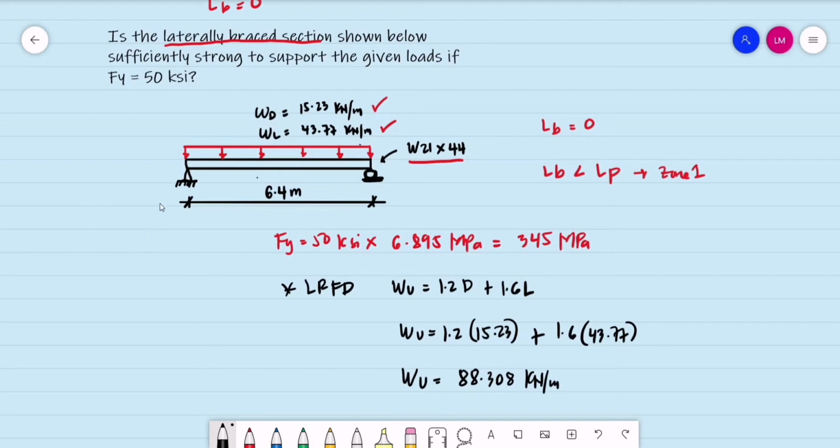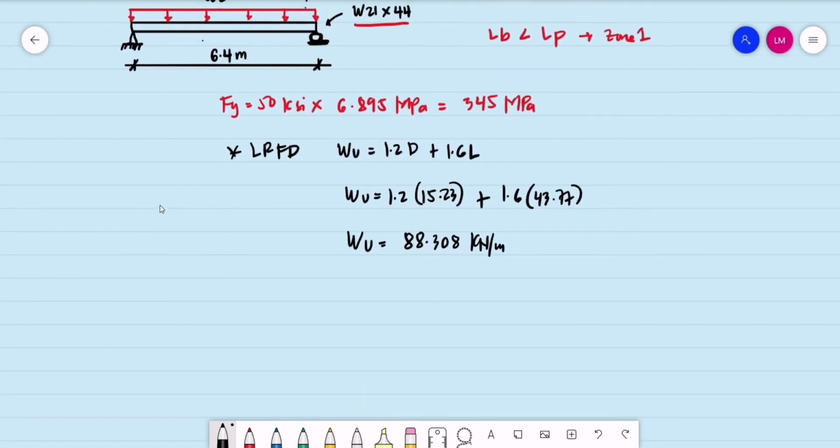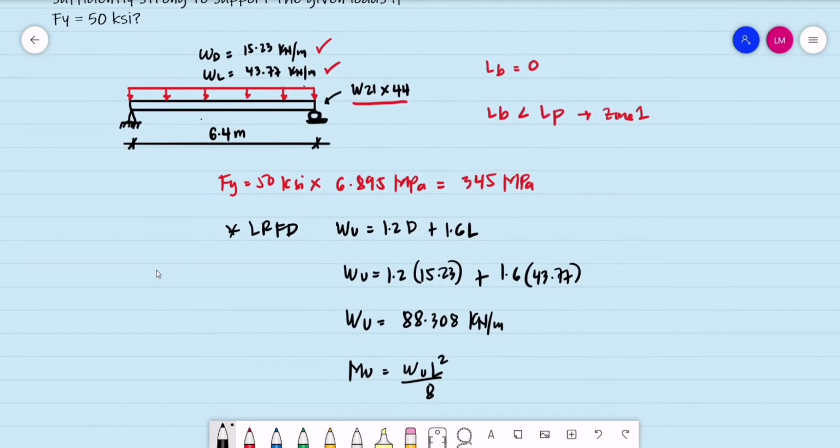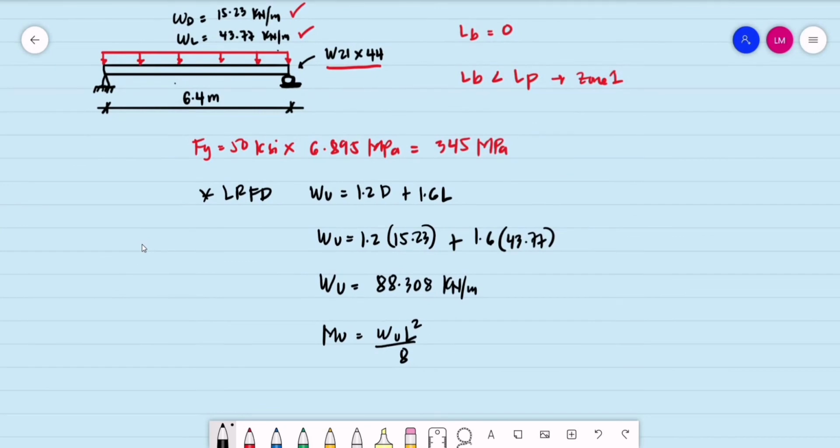Then we can now compute for the ultimate moment. M sub U is equal to the uniform load times the length squared divided by 8, since we have a simply supported beam with uniformly distributed loading.